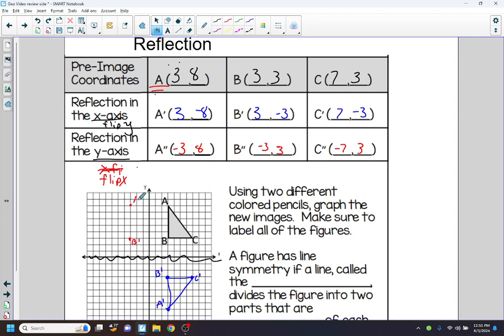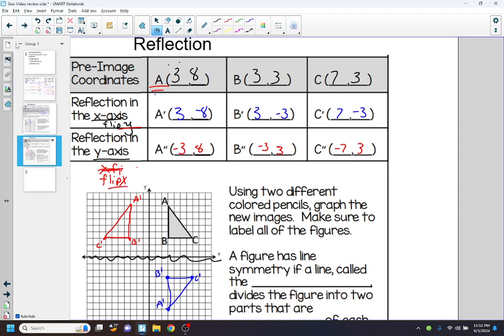This is A prime. And then this is 7, this is C prime. I'm not going over how to graph a point. You should know that confidently. You can see it kind of looks like it flipped over the y-axis in that case. Okay? So if I reflect over the x-axis, I'm flipping y. If I'm flipping over the y-axis, I'm flipping x. I know it's not intuitive, that doesn't make sense straight up, but that's how it is.